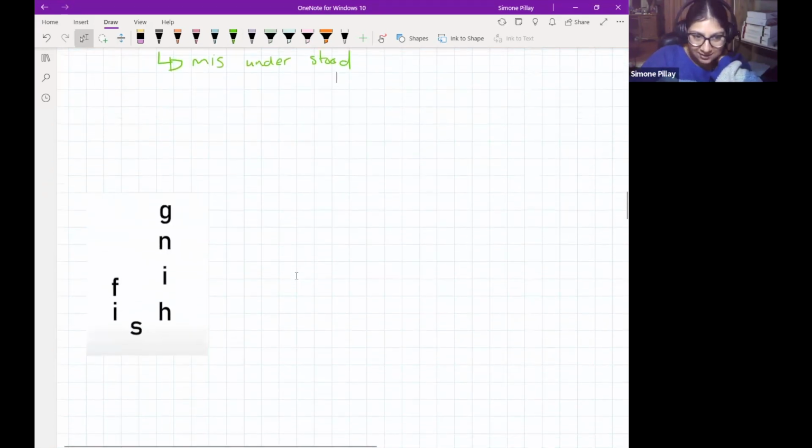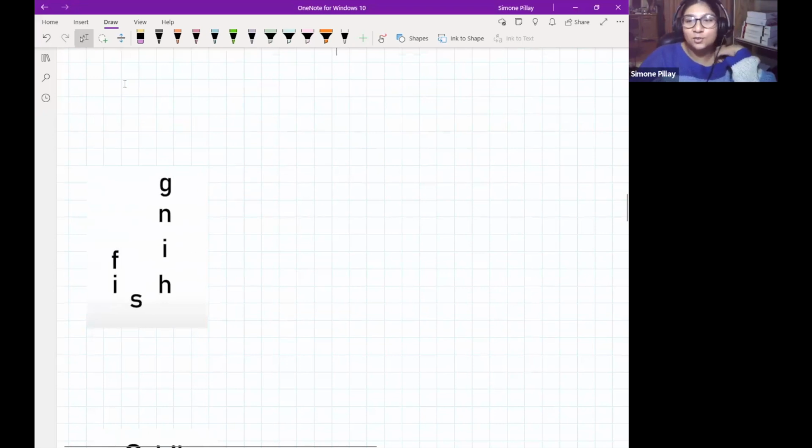Next one. Honestly, I didn't know what this was. I had to check the answer when I was putting it in. It's not just fishing. It has something to do with fishing.